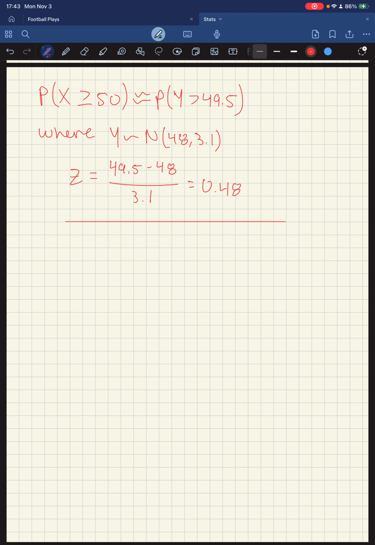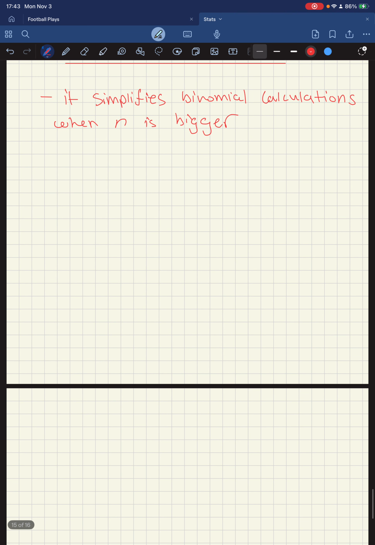You use the normal model because it simplifies binomial calculations when n is bigger. The shape of the curve becomes bell-shaped as n increases.